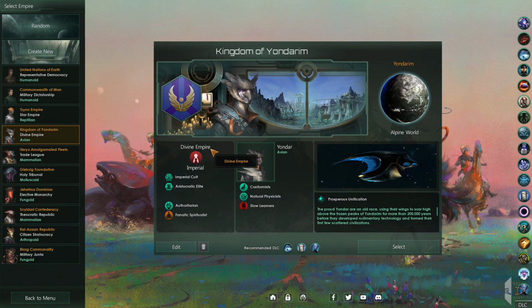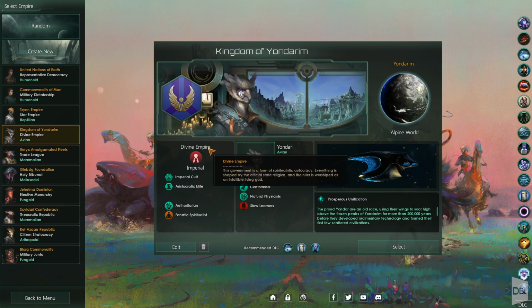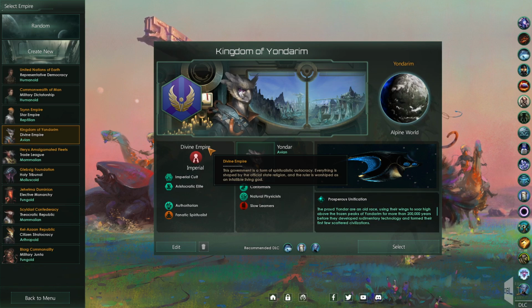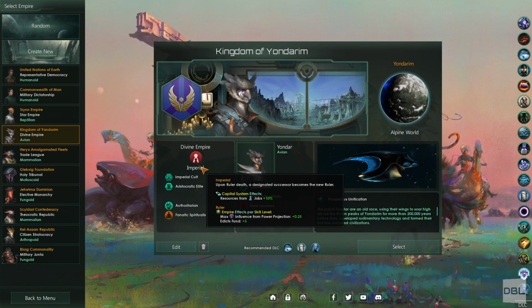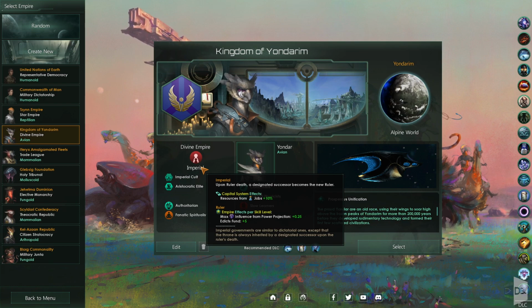All right. Divine Empire. Government is a form of spiritualistic autocracy. Everything is shaped by the official state religion, and the ruler is worshipped as an infallible living god. Welp, definitely not going to be this one. Your people. Imperial.